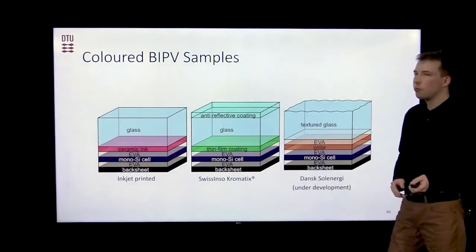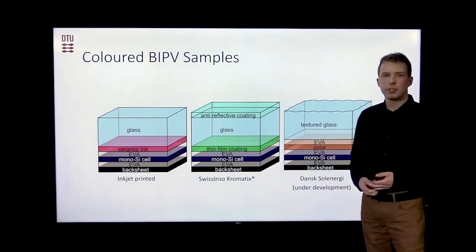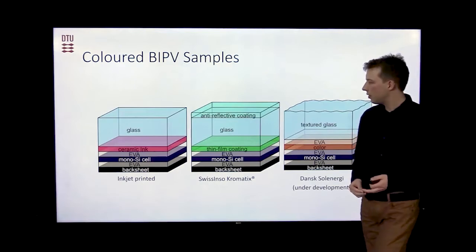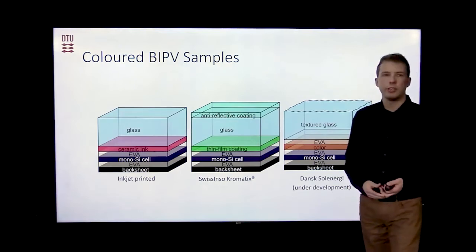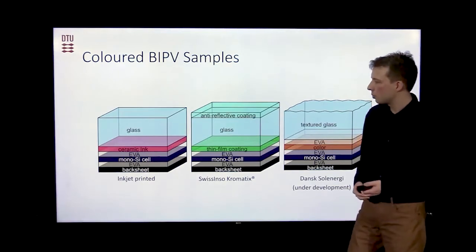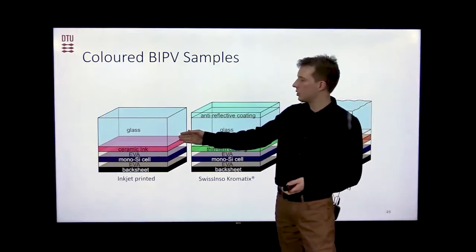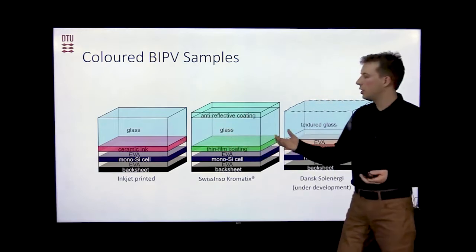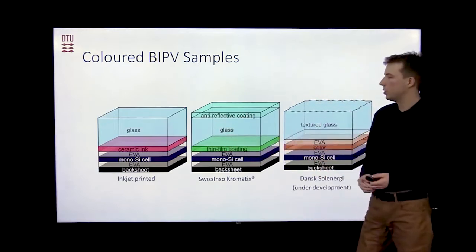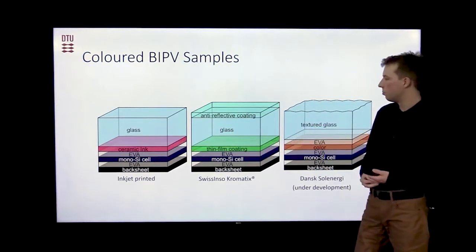Okay, before I come to the results of the measurements we performed, I would like to show you the 3 different technologies we investigated. The first one uses a ceramic ink which is printed on the inner side of a glass surface. This achieves coloration through pigments which absorb the color, as Sune mentioned before.